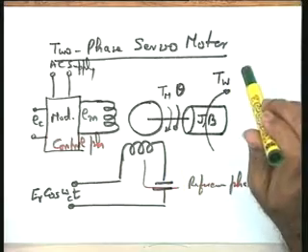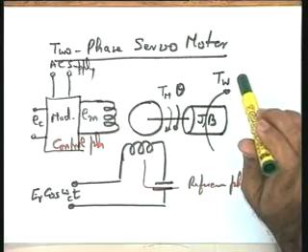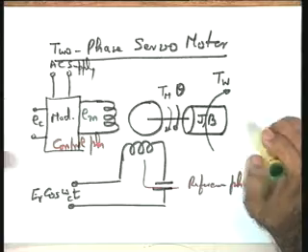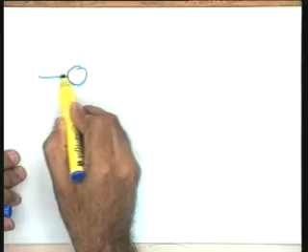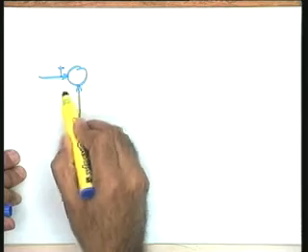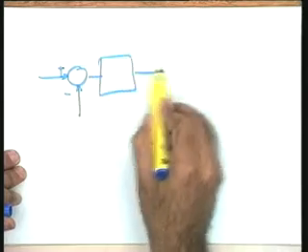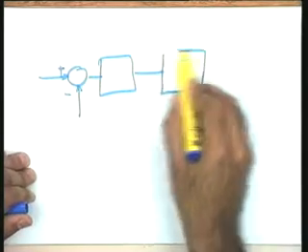Those devices may be directly producing a modulated signal. See this point please. I think I have confused you, so I would like to make this point clearer by taking a feedback control system. I take this as a feedback control system, plus, minus, an amplifier or any other device, and this is the motor.